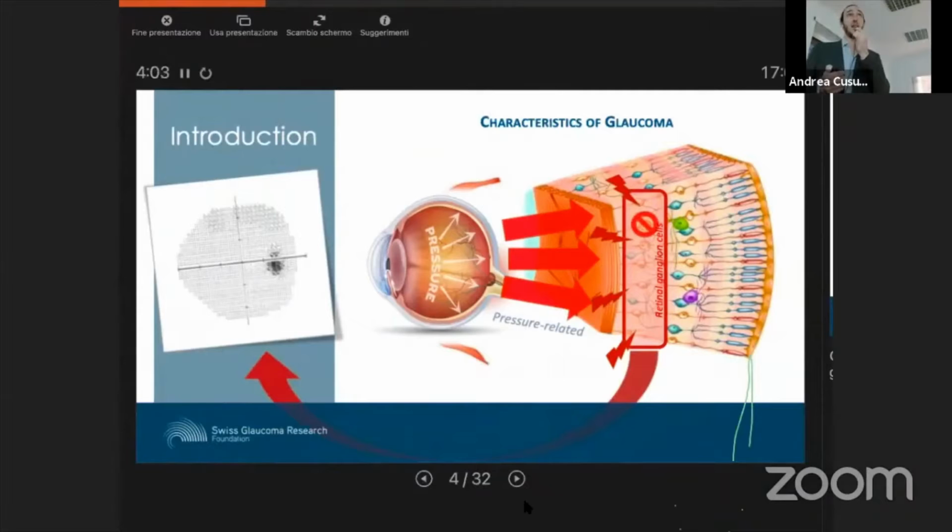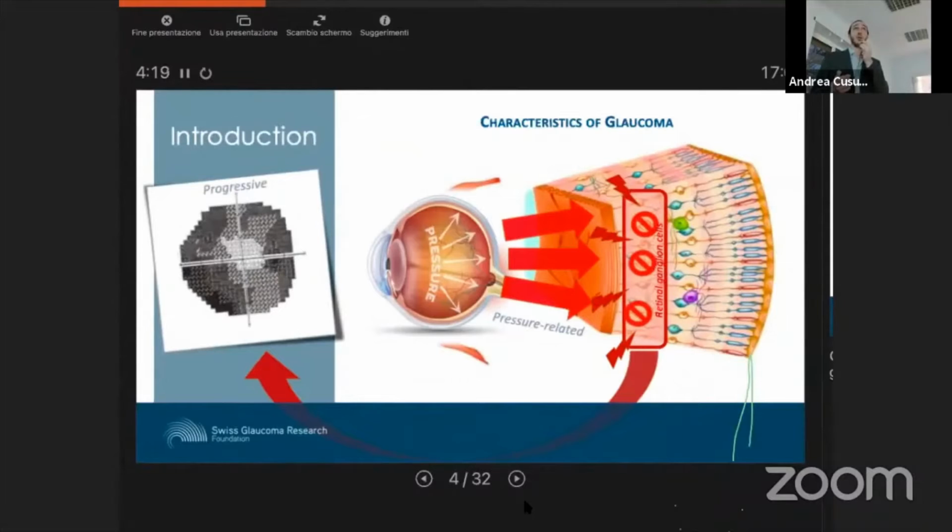What you can see on the left-hand side of the screen is a visual field. Everything that is looking fairly white or bright is what the patient could see. Anything that is looking dark or black is what the patient cannot see. Progressively, as the retinal ganglion cells die because of high pressure in the eye, the visual field progresses. That is what visual loss from glaucoma looks like.